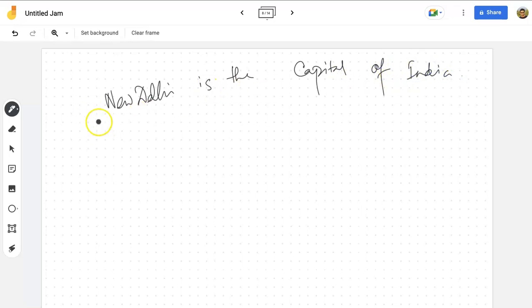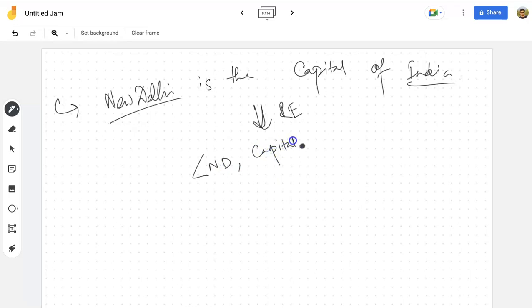If someone gives you this sentence and you want to extract the relation, suppose someone marks New Delhi and India and wants to identify the relation between those two. Then your relation extraction system will provide you this tuple: New Delhi, capital of, India. So basically this is your relation extraction.